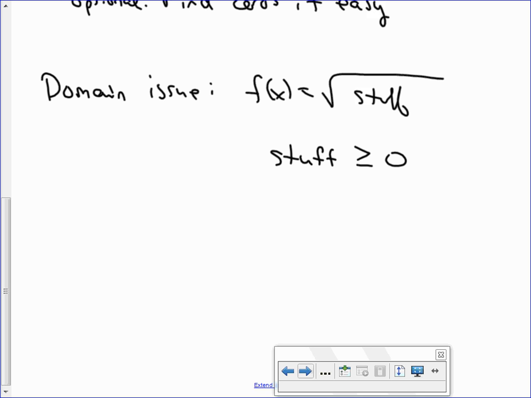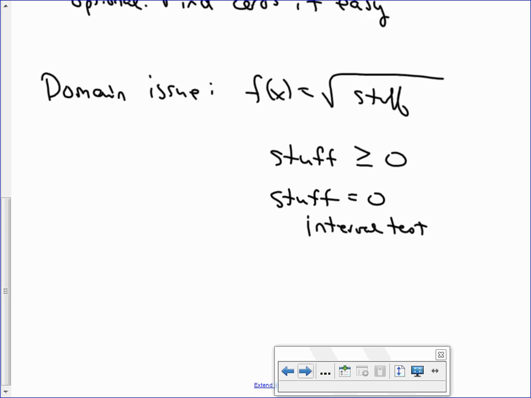And if that is linear, you may solve it just by easy algebra 1 methods, but if it's not linear, then you want to take the radicand and set it equal to 0 and interval test to determine where it is positive or negative. Okay?